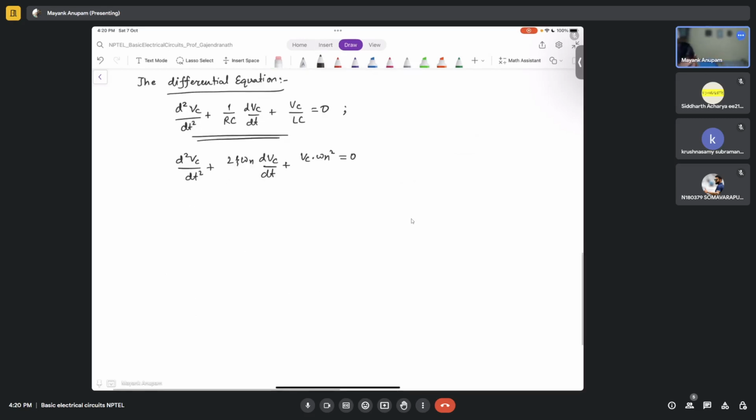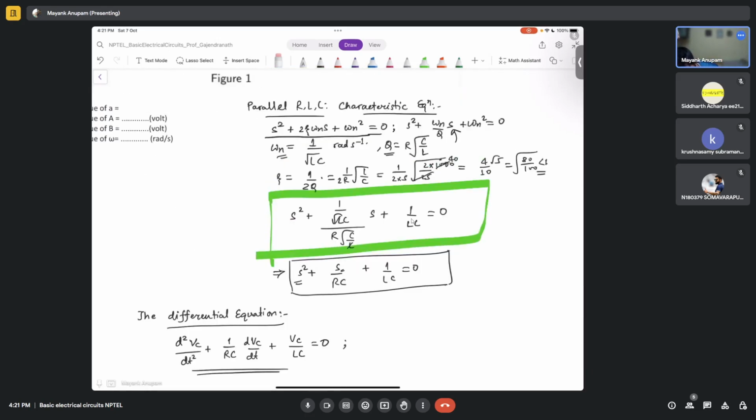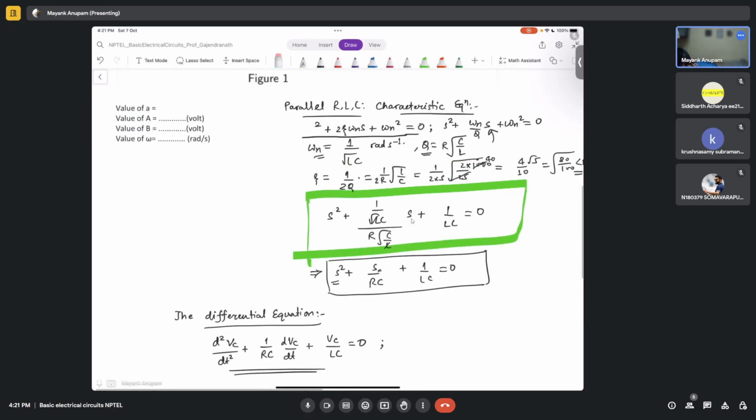Or let's take this only here. So we have s square plus 2 zeta omega n s plus omega n square equal to 0.